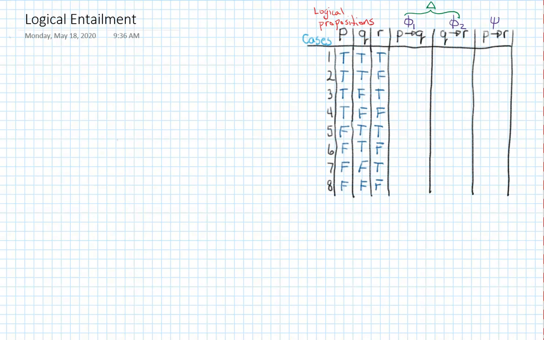Over here, I'll write down delta is defined. Let me define it as a set of sentences, and that set of sentences is phi1 and phi2.